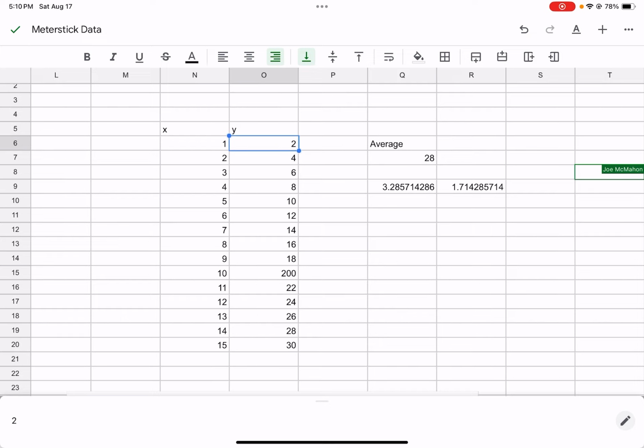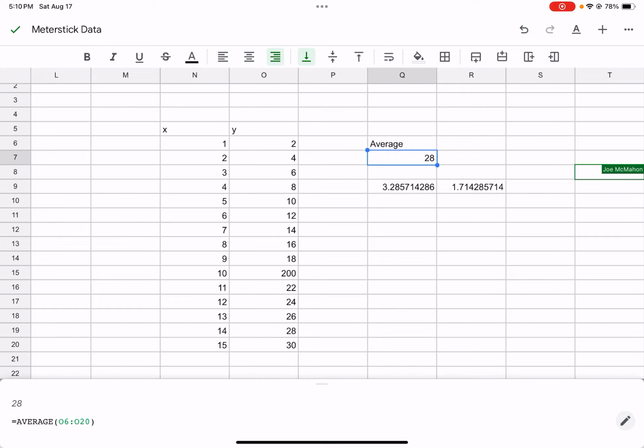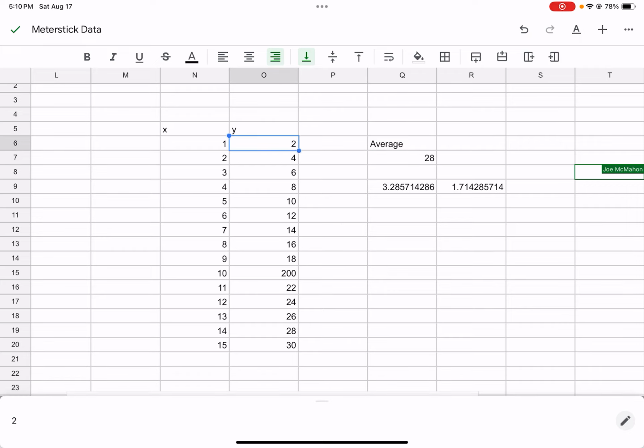And so I took the average of the y column, and I get an average of 28, which we know, in reality, if the relationship should be 2 times x, and we go from like 2 to 30 in some very rigid linear relationship, the average should be sort of in the midpoint between 2 and 30, maybe something like 15, 16, 17, somewhere around there.